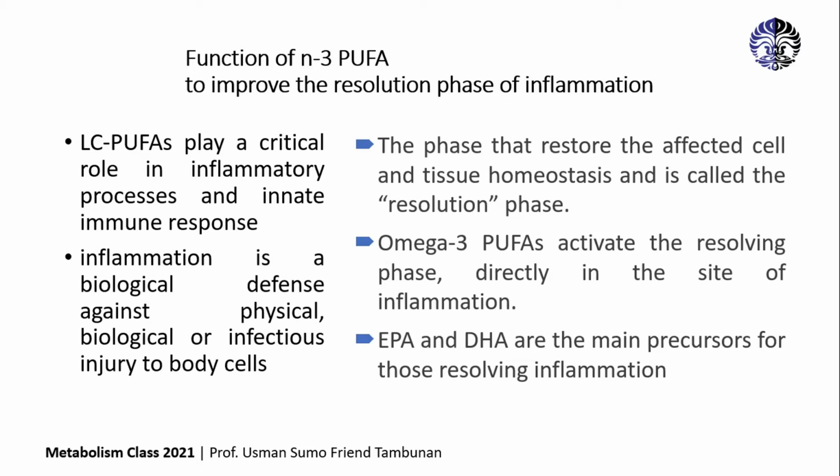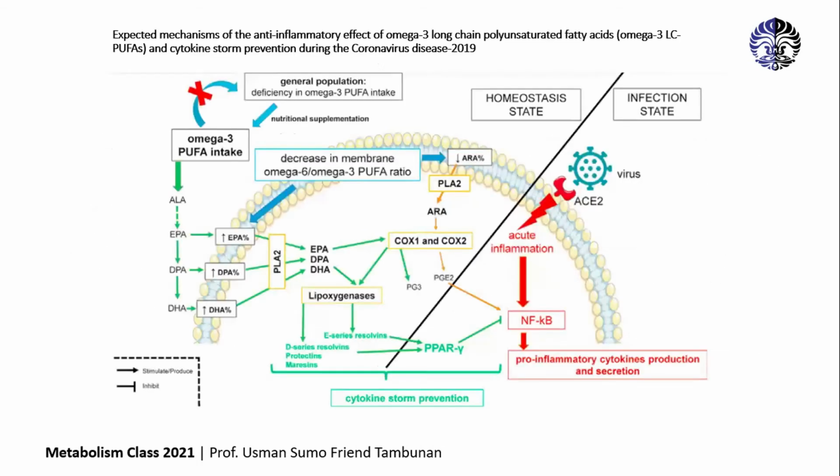There's a resolution phase, the phase that restores the affected cell and tissue homeostasis, and omega-3 PUFA can activate the resolving phase directly at the site of inflammation. EPA and DHA are the main precursors for those resolving mediators. This is the expected mechanism of the anti-inflammatory effect of n-3 PUFA to prevent cytokine storm.